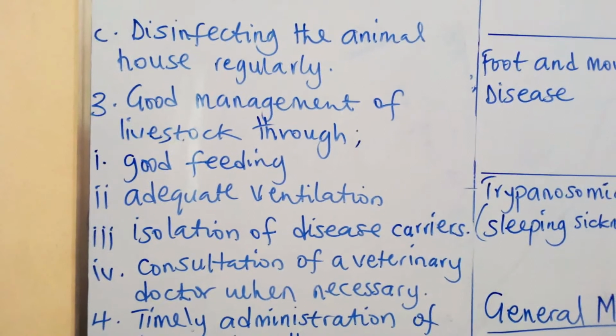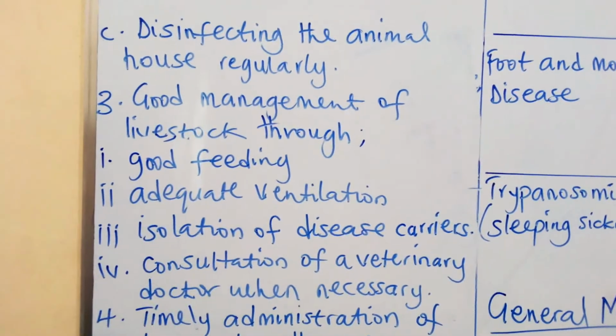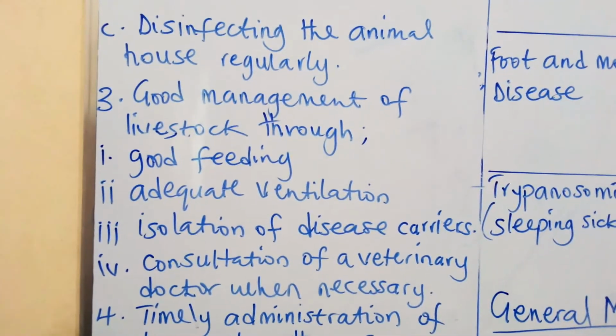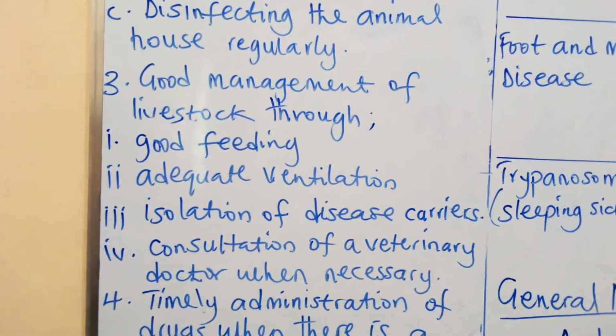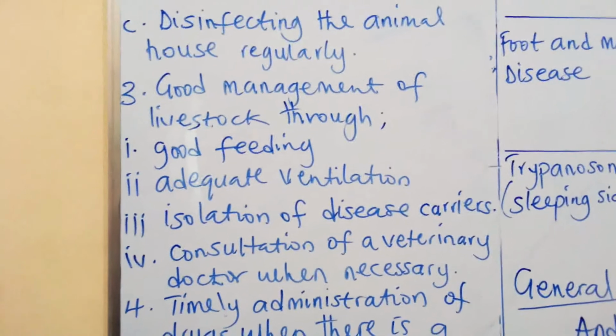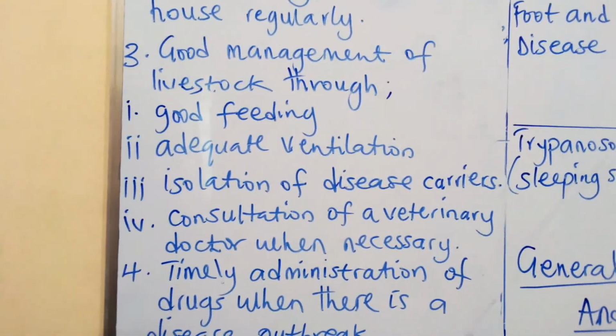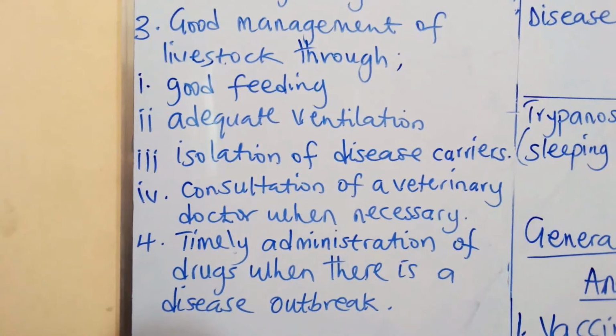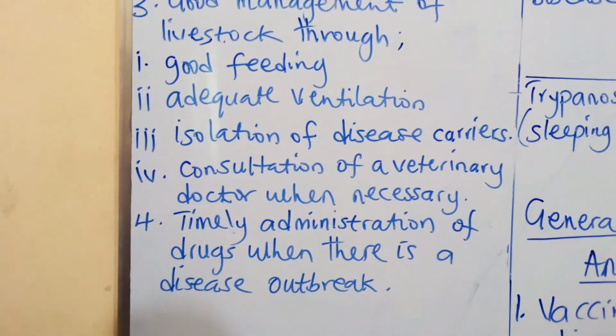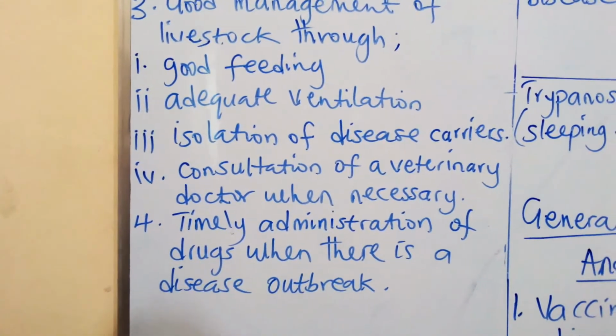Through good feeding and adequate ventilation, the animal house must be well ventilated. Isolation of disease carriers: any animals you have noticed with any sign of disease, such animals should be removed from others so as to stop the spread of the disease.